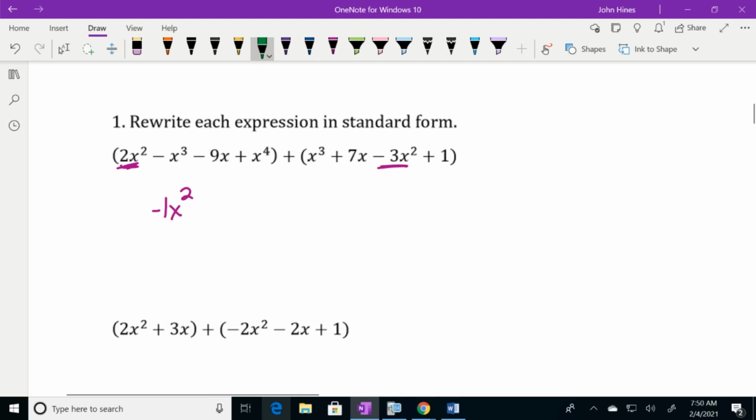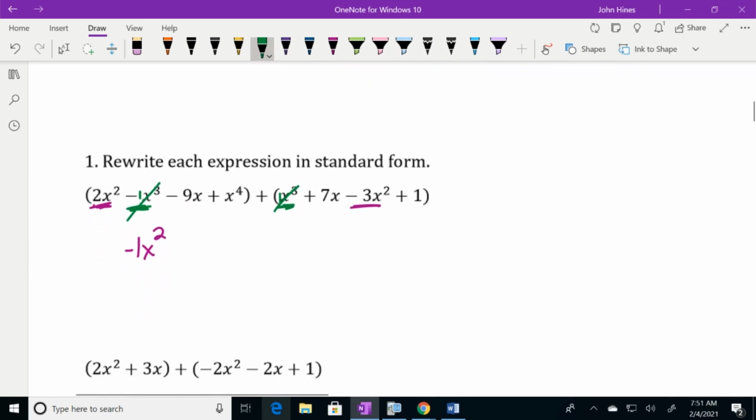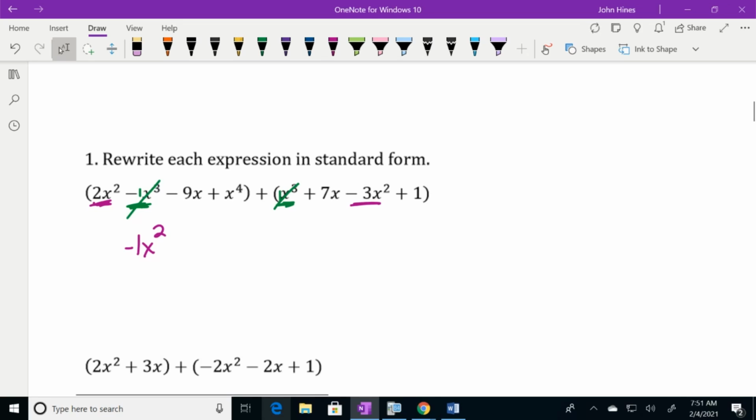I have an x to the third, -1x to the third, plus 1x to the third. Those guys add to 0, so they're gone. I don't need that x to the third term because there's 0 of them. -9x and 7x is -2x. Oh, I have an x to the fourth term. But he can't add with anybody because no one else is x to the fourth.